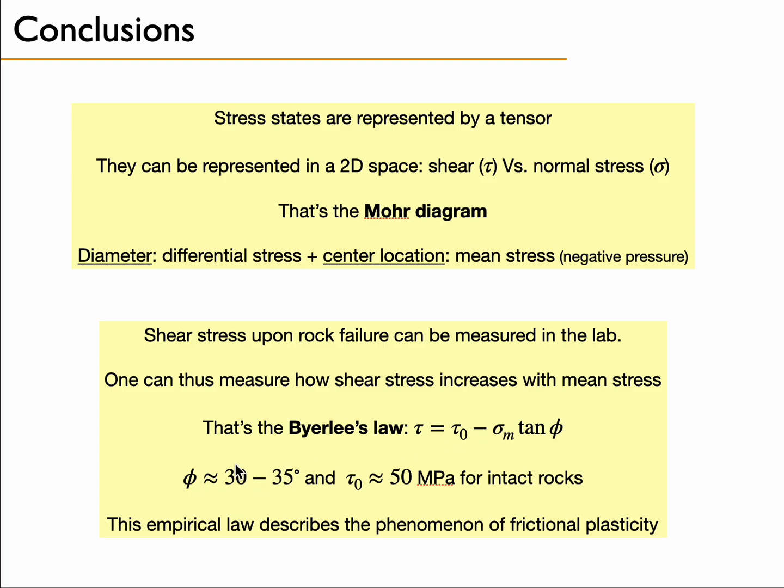This angle varies between 30 and 35 degrees. And for intact rocks, tau 0, or cohesion, is about 50 megapascal. That's a very important law because it can be used to predict whether frictional plasticity occurs within a rock mass. And that's, of course, when you combine it together with a Mohr diagram.